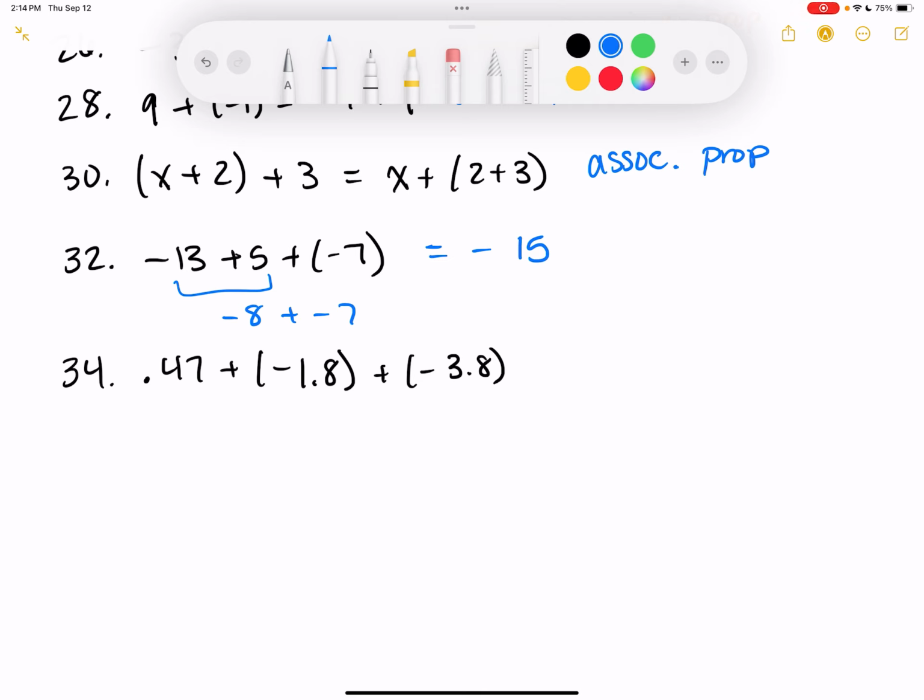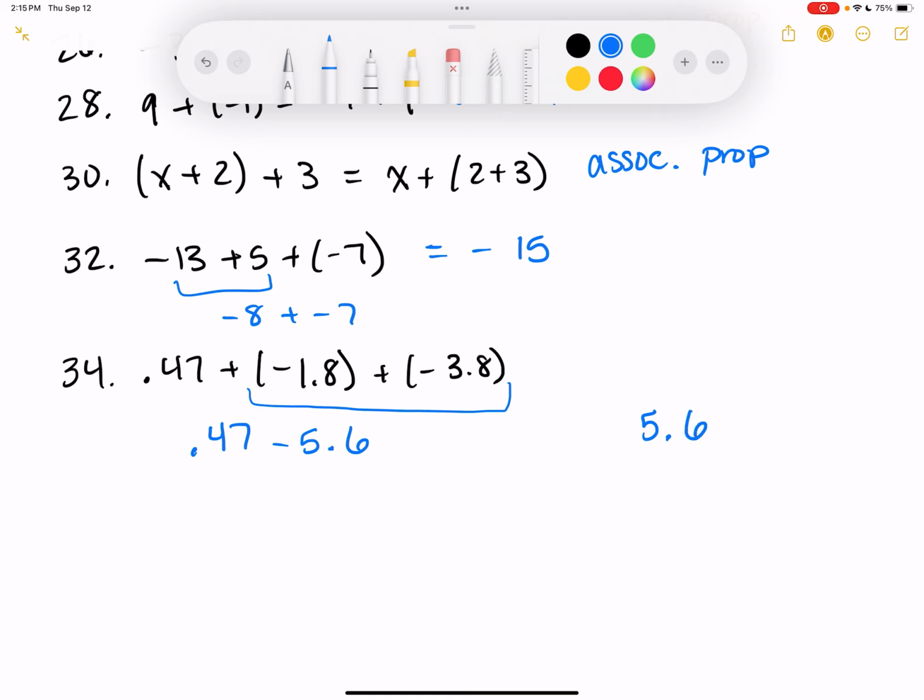If I have one like this, I would be inclined to combine both of these negative numbers first. When I add those together, I would get -5.6. And I'm going to go over this because I think there were some issues on the last test or quiz with this.